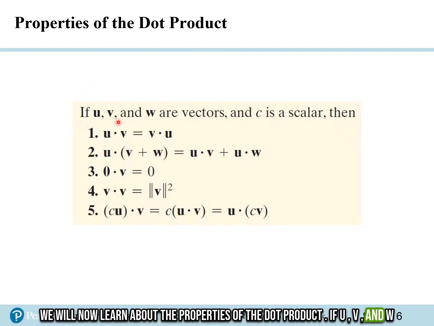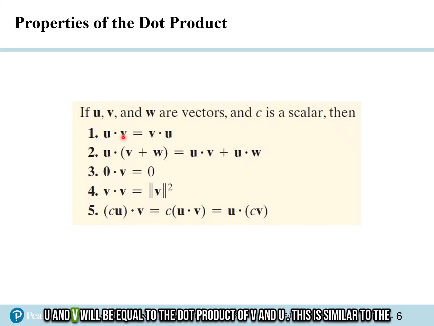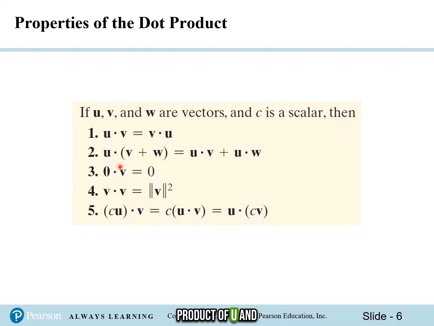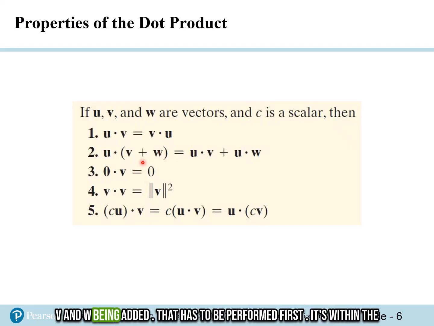If U, V, and W are vectors and C is a scalar quantity, then number 1, the dot product of U and V will be equal to the dot product of V and U. This is similar to the commutative property that we learned previously. Number 2 is the dot product of U and the result of adding two vectors V and W. So within brackets here we have V and W being added.